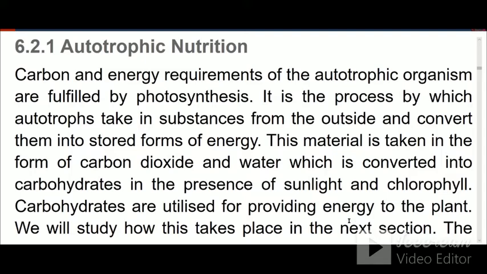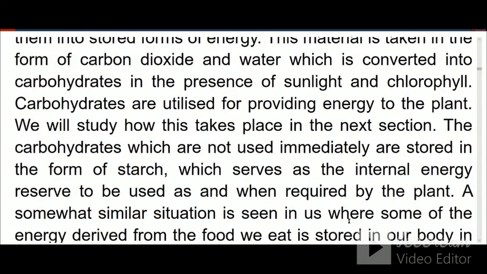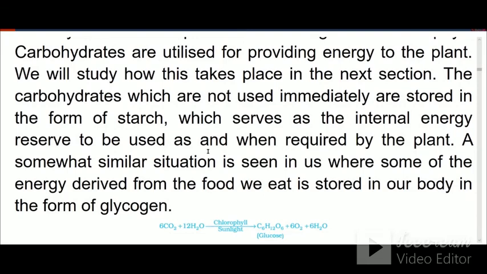We will study how this takes place in the next section. The carbohydrates which are not used immediately are stored in the form of starch, which serves as the internal energy reserve to be used as and when required by the plant. A somewhat similar situation is seen in us, where some of the energy derived from the food we eat is stored in our body in the form of glycogen.